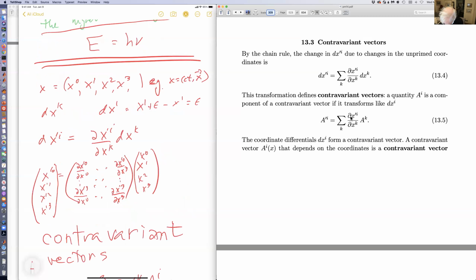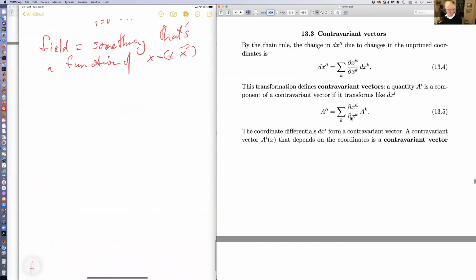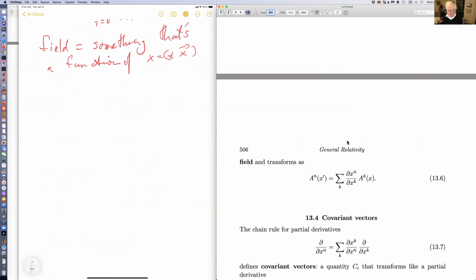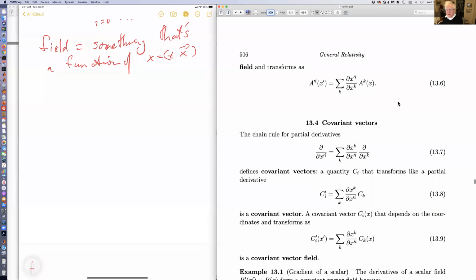Okay, in fact, maybe instead of calling it that, I'll call it r for position. So that's just an example. So fields are things that depend upon space and time, and a field that does this is called a contravariant field.